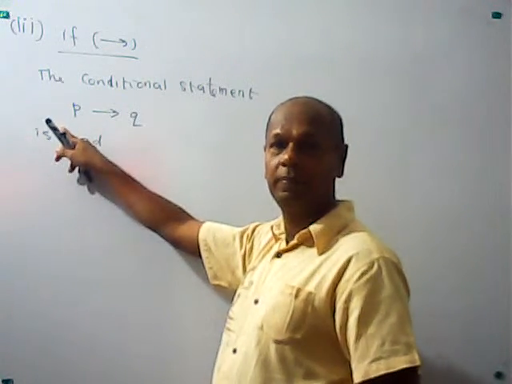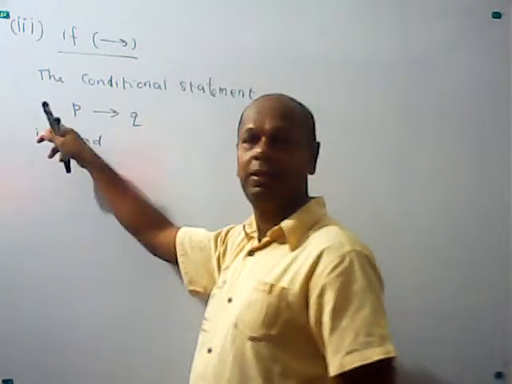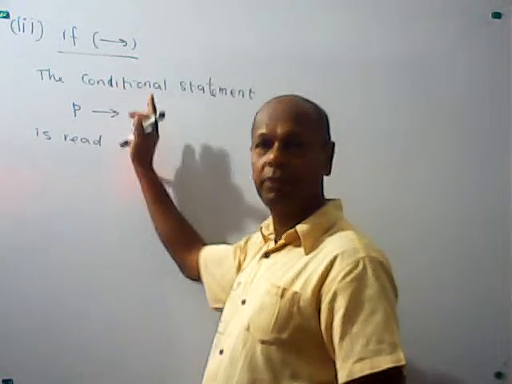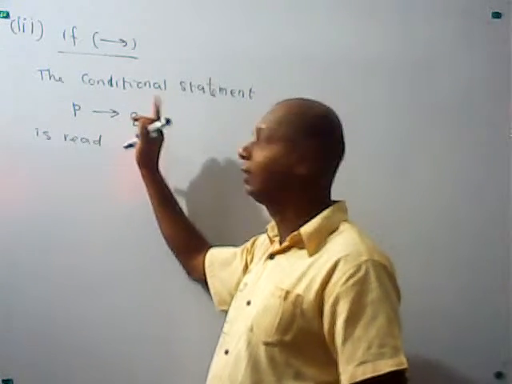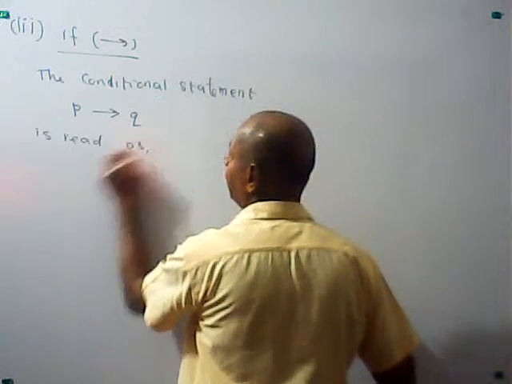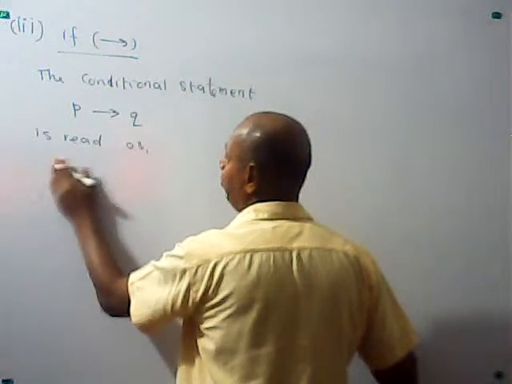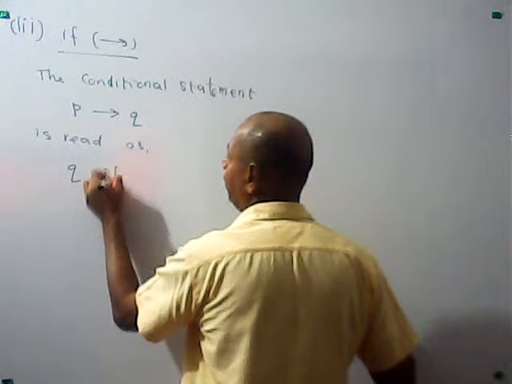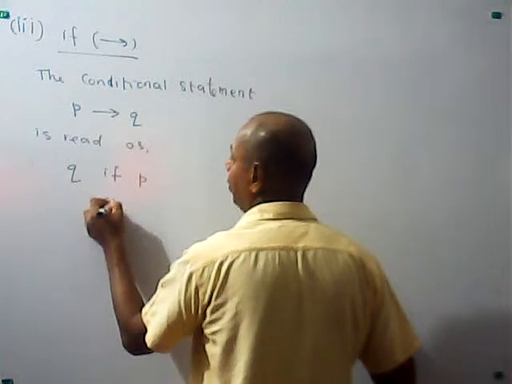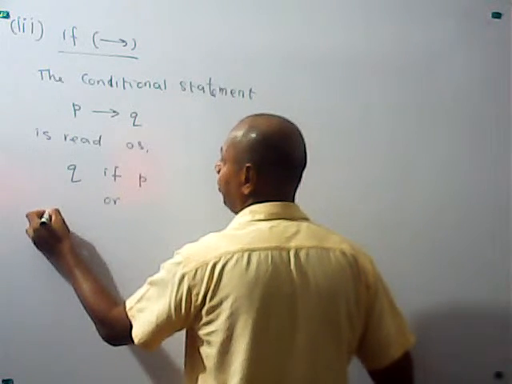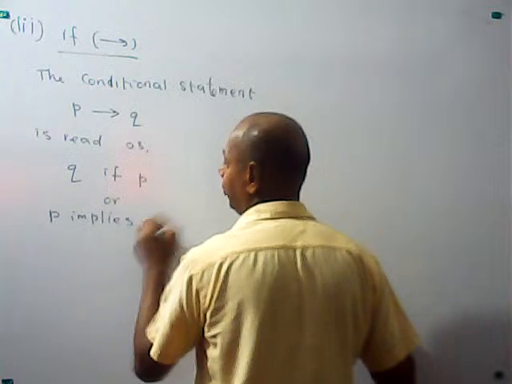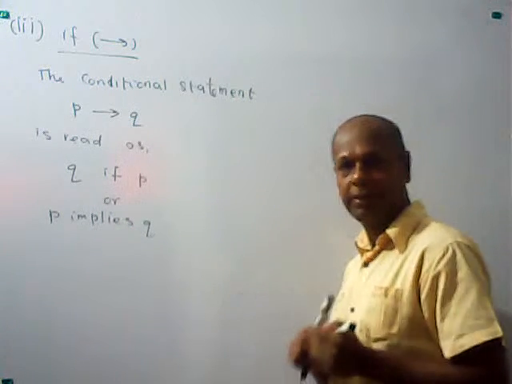The occurrence of P, we say, implies the occurrence of Q. It is read as Q if P, Q is implied by P, or P implies Q. This is how you read it.